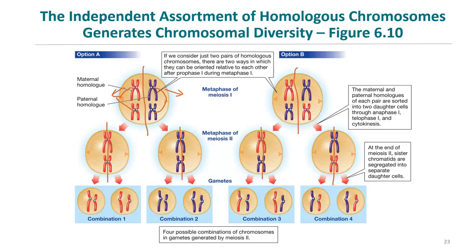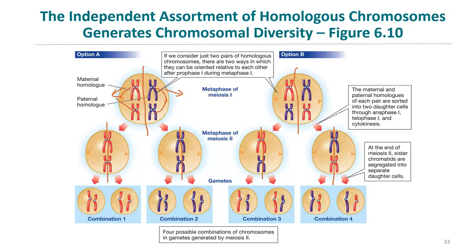Think about what would happen if you had 23 pairs of homologous chromosomes lined up, and all the possibilities for maternal and paternal combinations as all 23 pairs line up and then are divided out into daughter cells, right? This is why brothers and sisters don't always look very much alike, because there are so many different possible combinations that can be produced when we're going through this process of meiosis.